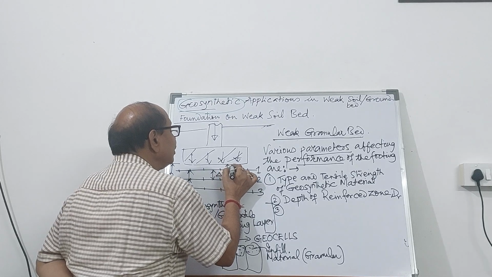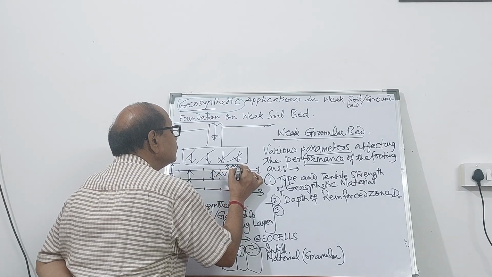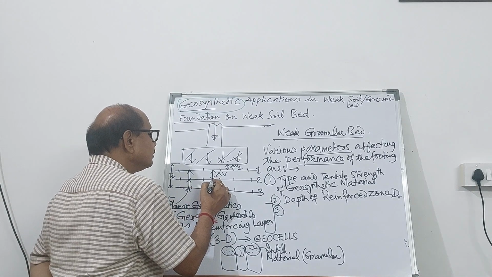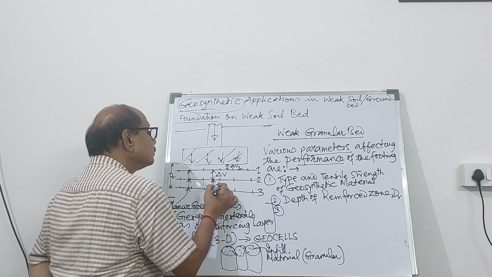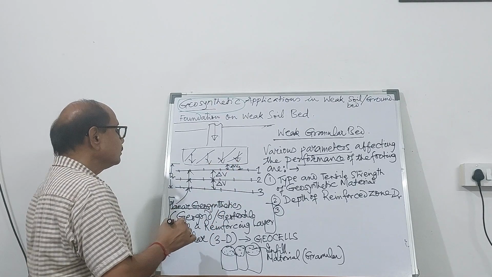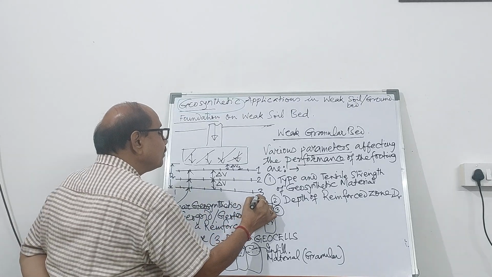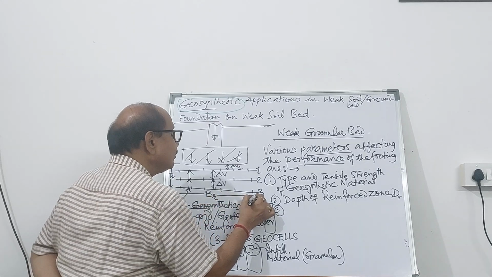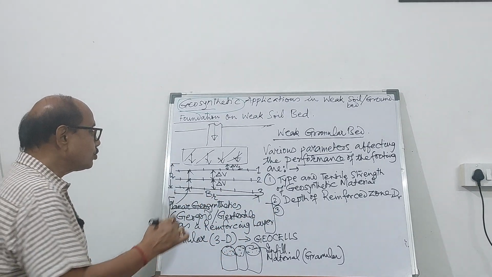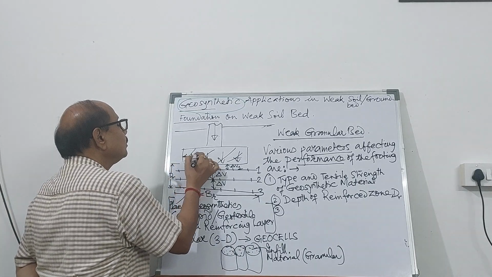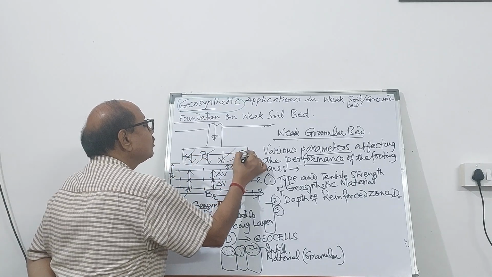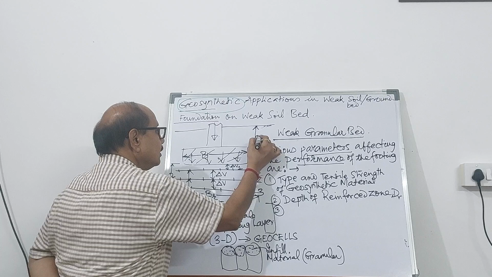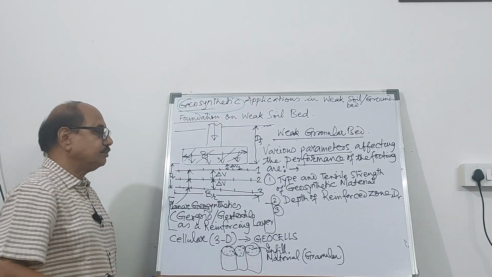Let's say this is delta V1. This is delta V, the vertical spacing. The width of the reinforcement, B for the reinforcement R, is also important. B is the width of the footing and D is the depth of the footing.